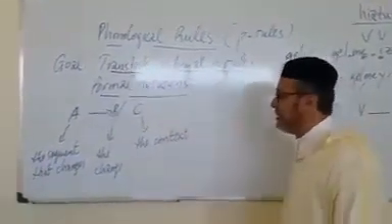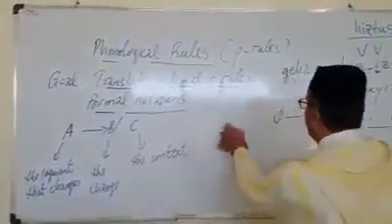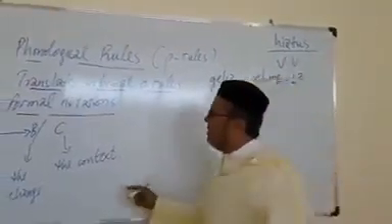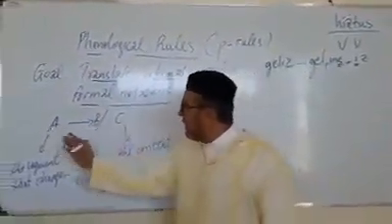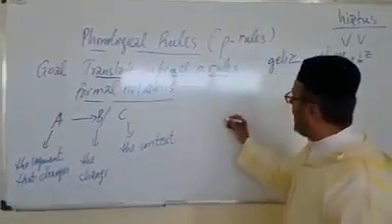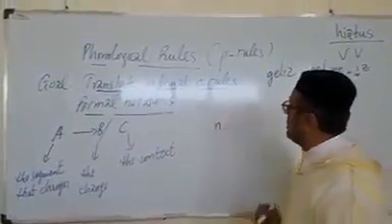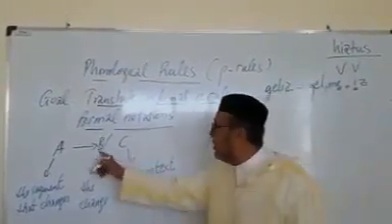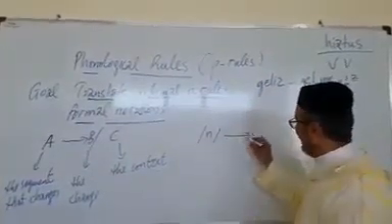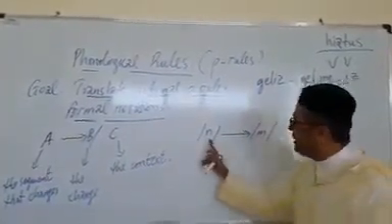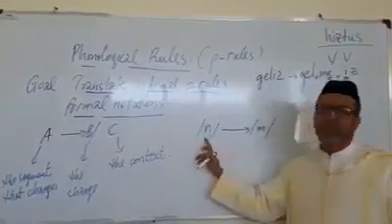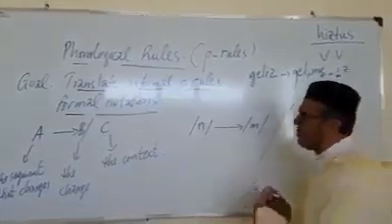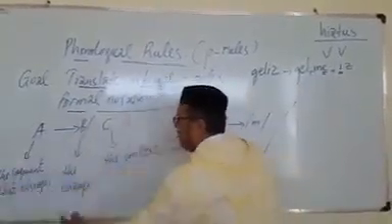All right. Now let us take an example to illustrate the point. Let's take A as the sound N, and B as the sound M. So this is saying the alveolar nasal becomes bilabial. The slash separates the context from the change.